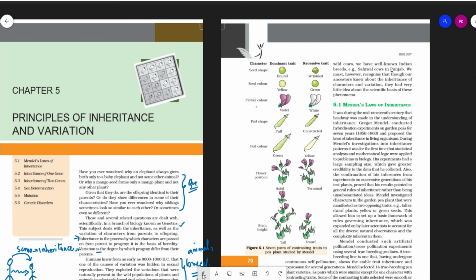The example given in the book is Sahiwal cows in Punjab. So we humans knew from earlier times that certain characters are passed on. Now we are going to learn about this in detail.